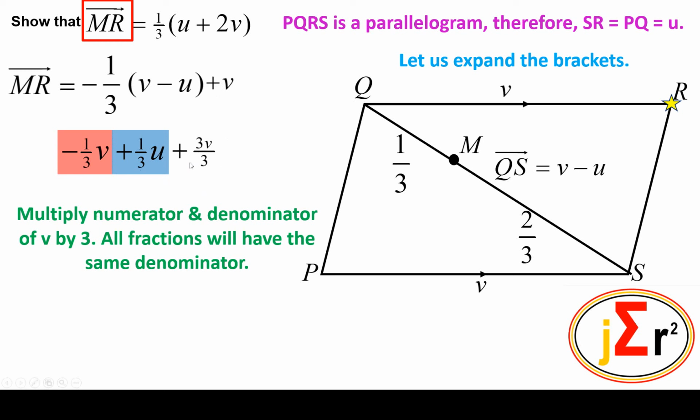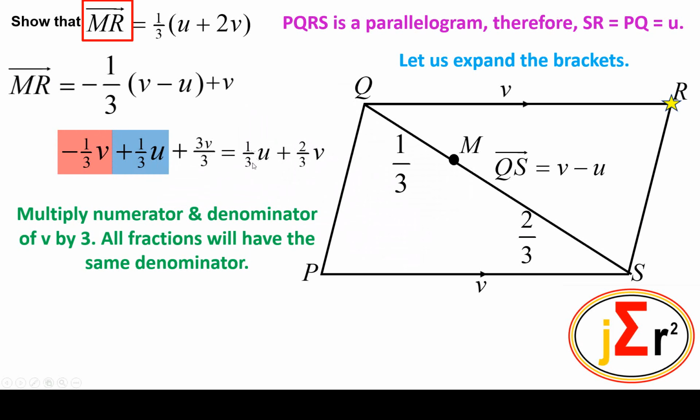Of course, we can easily see that this will cancel with this, and the value is the same as what we had before. But we are writing it in a form in such a way that it is easily combined with what we have right there. And we will see that negative 1/3 V plus 3/3 V will give us 2/3 V. And of course 1/3 U will return just as it is.